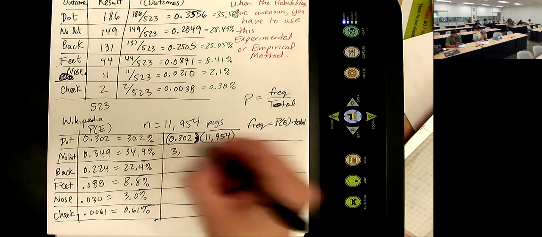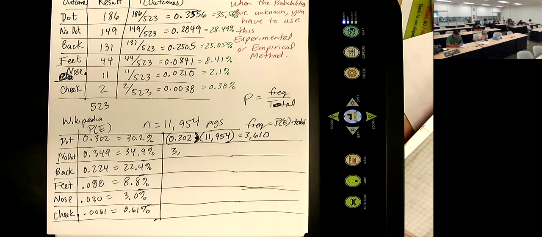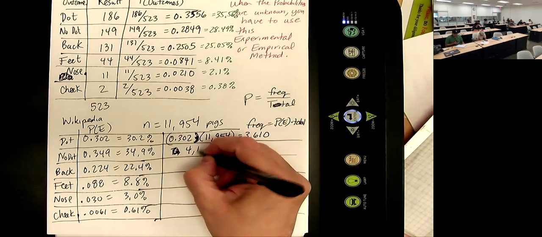That's 3,610 pigs for dot. And 11,954 times 0.349 gives me 4,172.